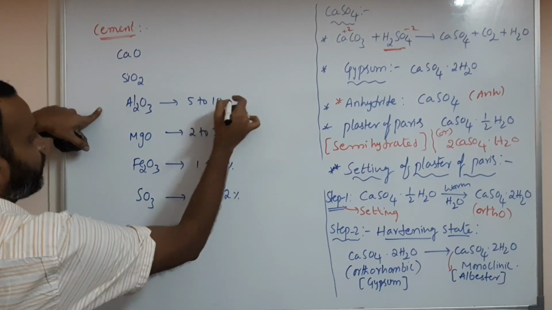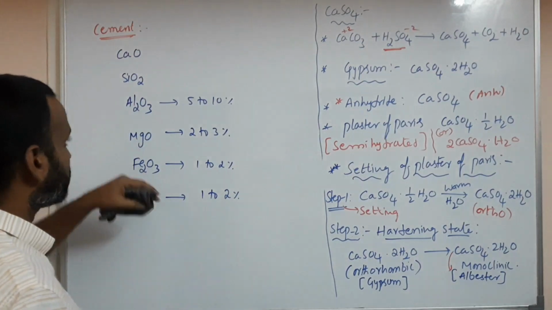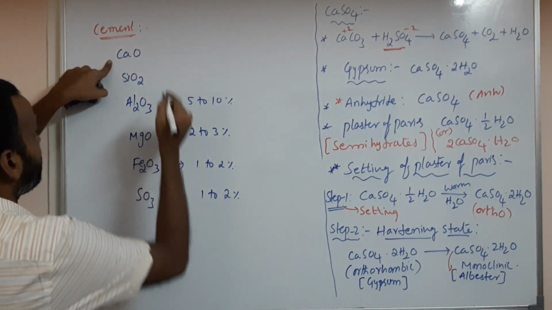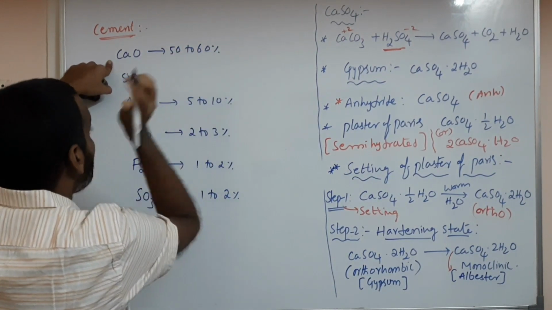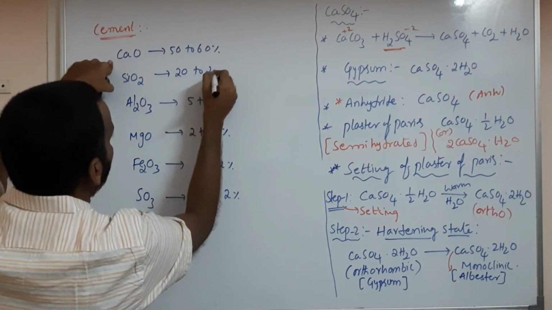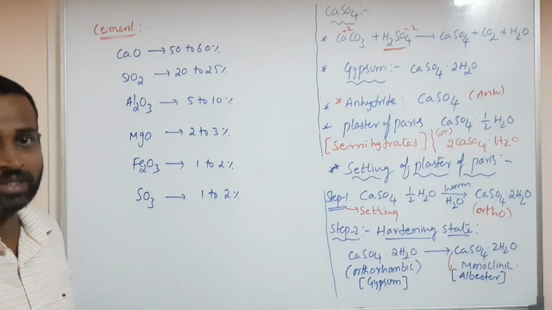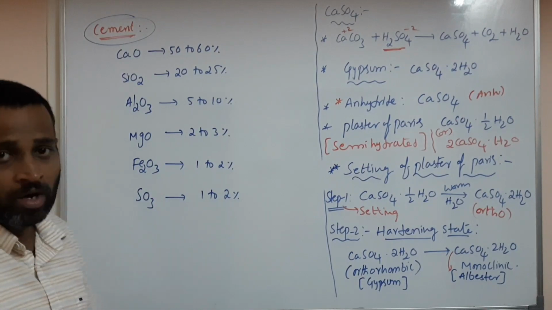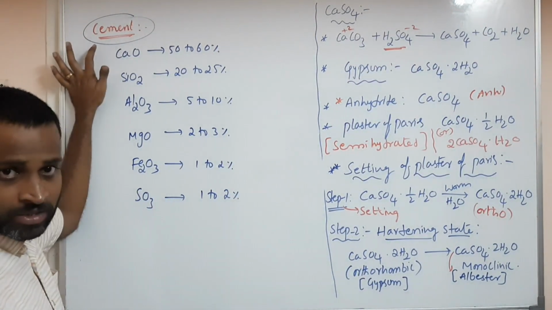If you want to prepare cement in industry, you have to take these compositions of all these substances. Calcium oxide is 50 to 60%, and silicon dioxide is 20 to 25%. Components and percentages they will ask in the exam.